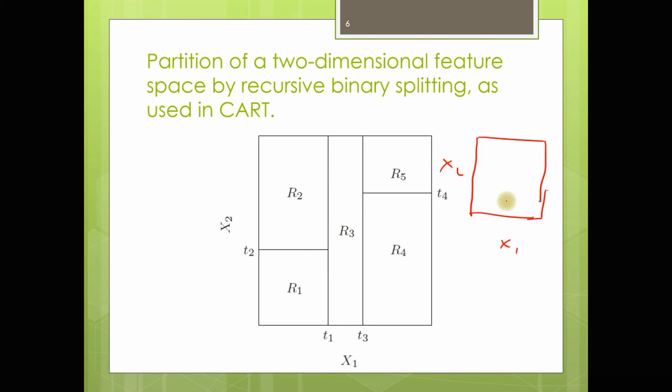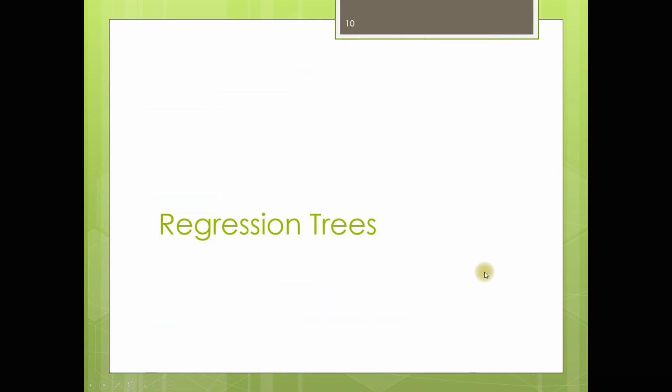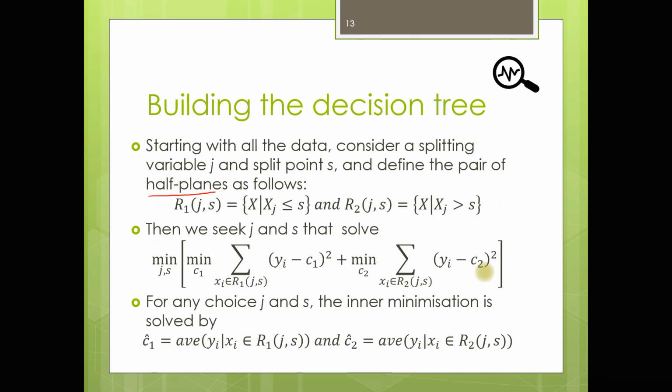If I decide to partition x1 into two parts, I've got two half-planes. That is, I've got two regions that have been defined here. For x less than a certain value, which I'm going to decide. And this value is what we will refer to as s in our example. All right? We'll define it as s here.